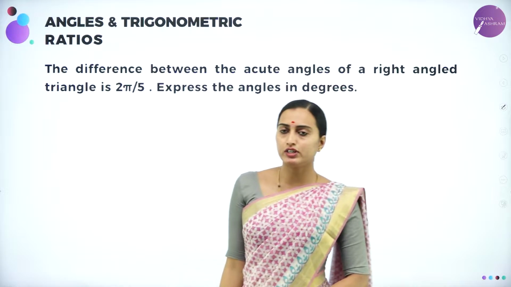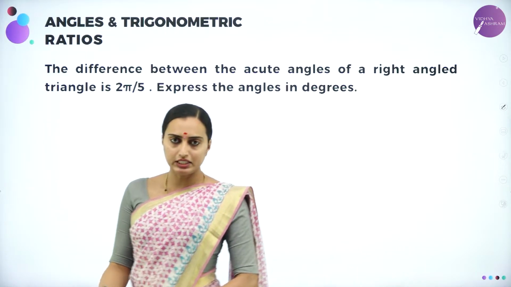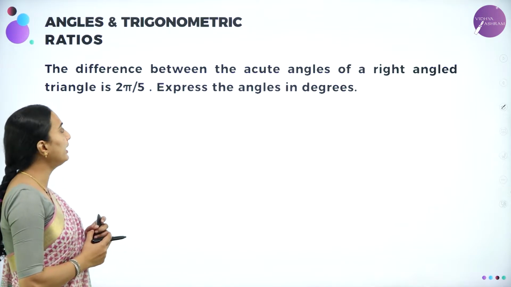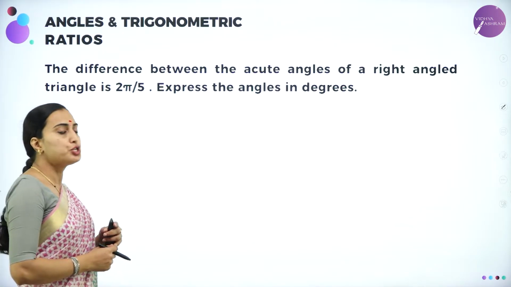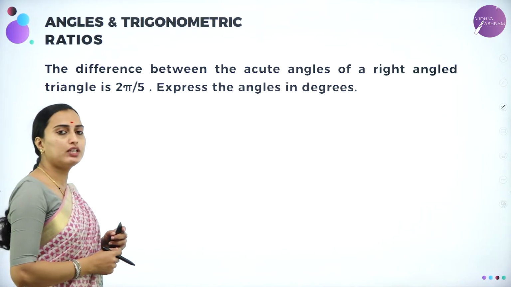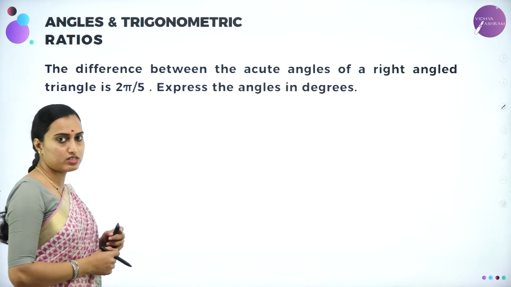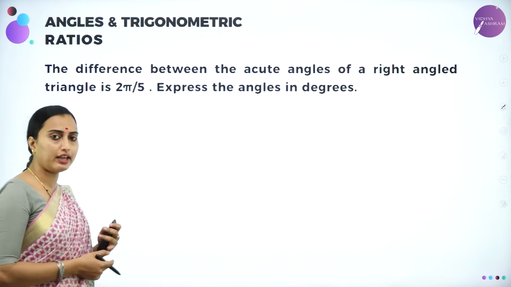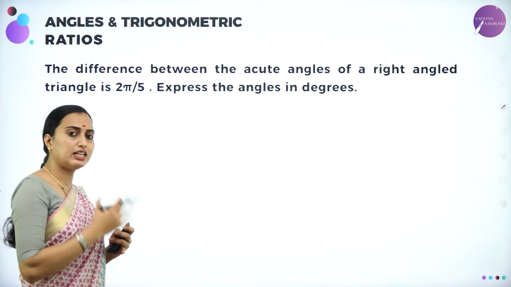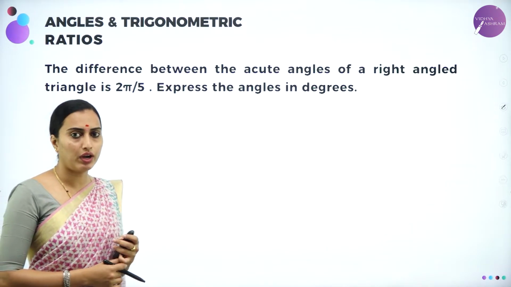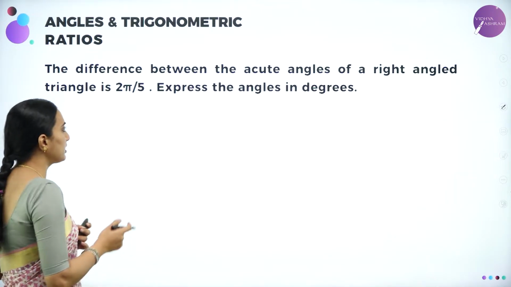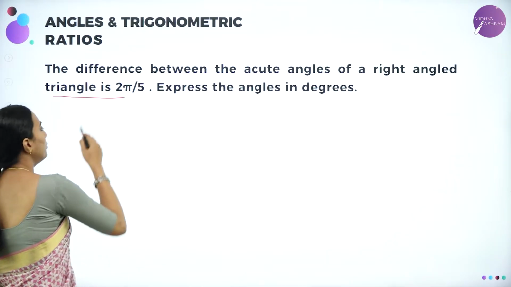So the first problem they have asked like this: the difference between acute angles of a right angle triangle is 2 pi by 5. Express the angles in radians. The acute angles will be lesser than 90 degree, isn't it? And they have given the difference as 2 pi by 5.